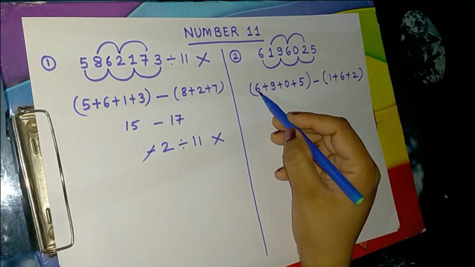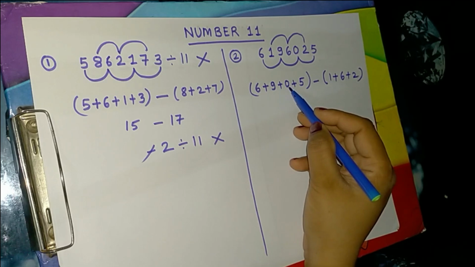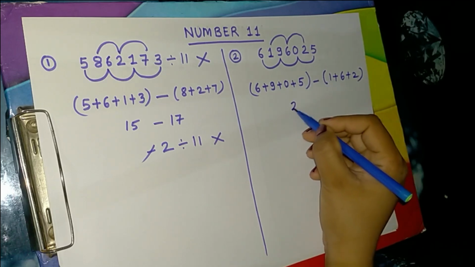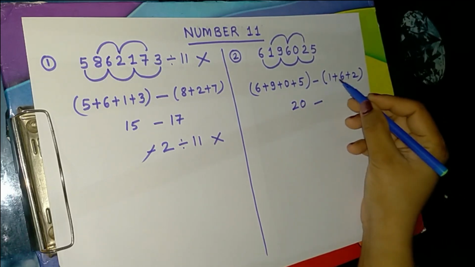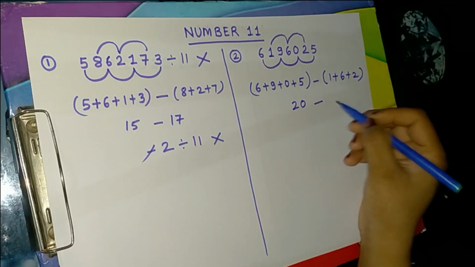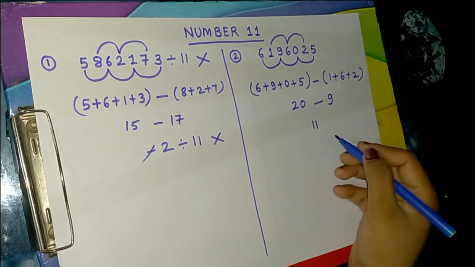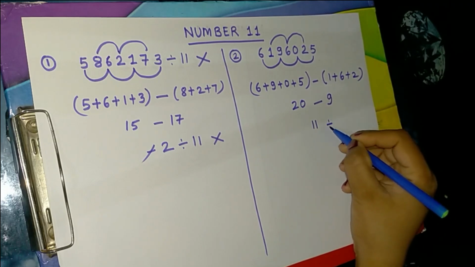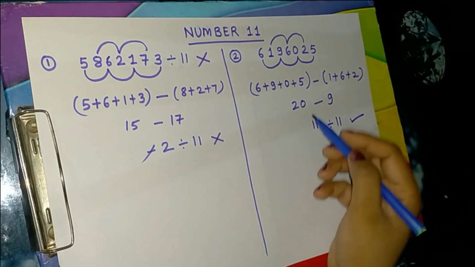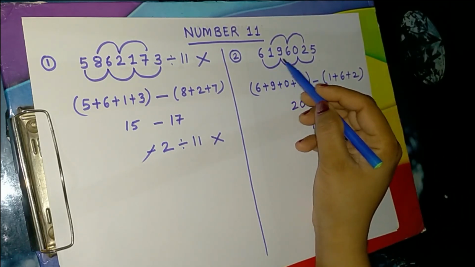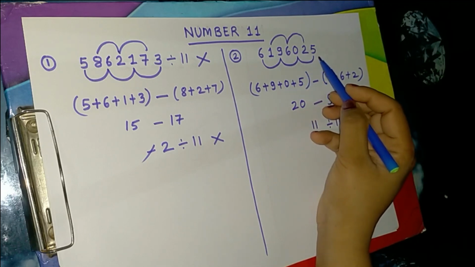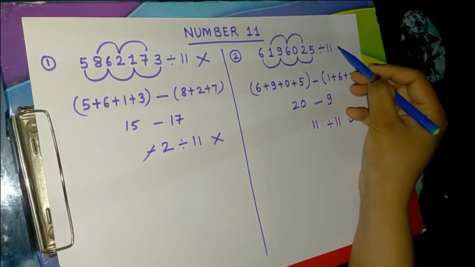So here you can see that 6 plus 9 is 15, 15 plus 0 is 15, 15 plus 5 is 20, minus 1 plus 6 is 7, 7 plus 2 is 9. So 20 minus 9 is 11, and we can say that 11 is divisible by 11. So here we can say that 61,96,025 will also be divisible by 11.